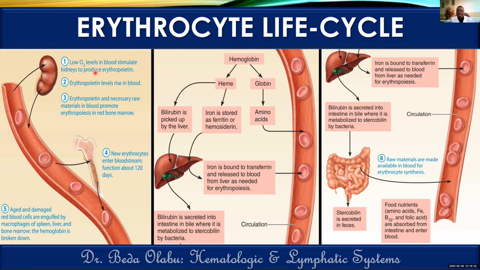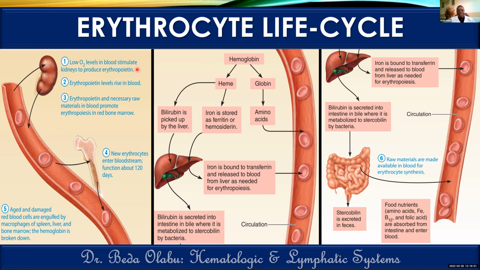In situations of hypoxia, the body senses that and initiates mechanisms that will help to restore that state. And one of the responses is at the level of the kidney. If the levels of oxygen in the circulation are low, the kidney is stimulated to produce a hormone called erythropoietin.